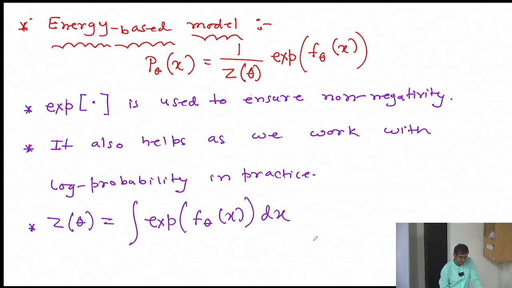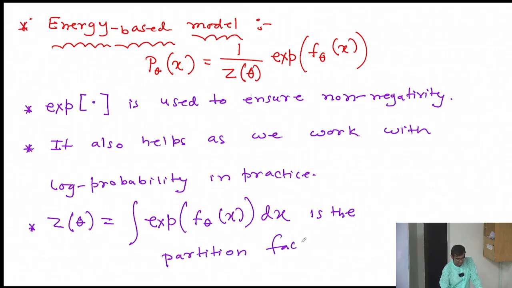This is how you define Z theta. Apart from normalizing constant, it is also known as partition factor. So it's basically synonyms. If you see partition factor somewhere, you should know that's the normalizing constant.